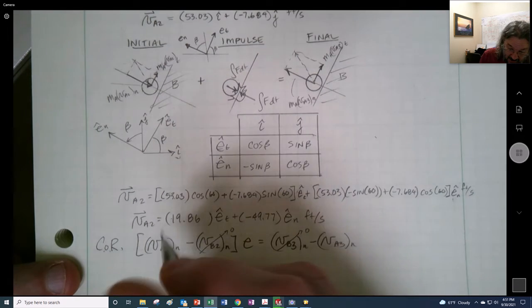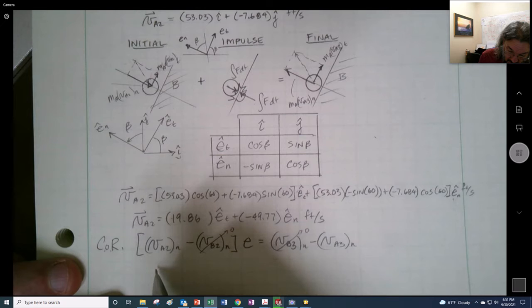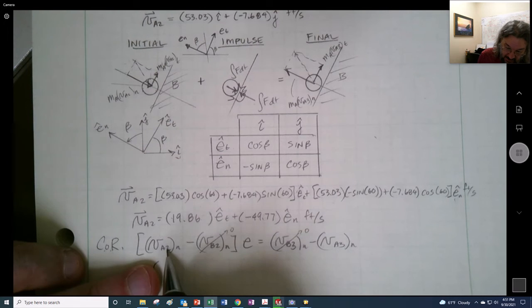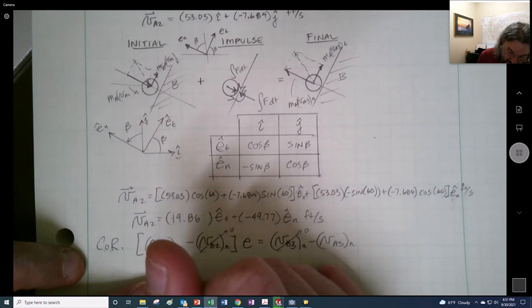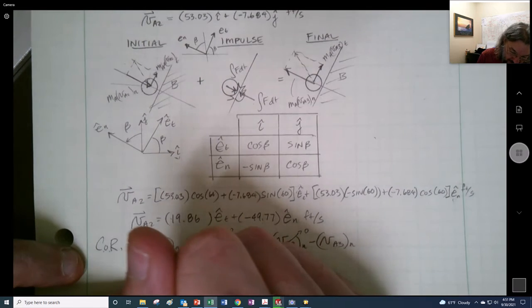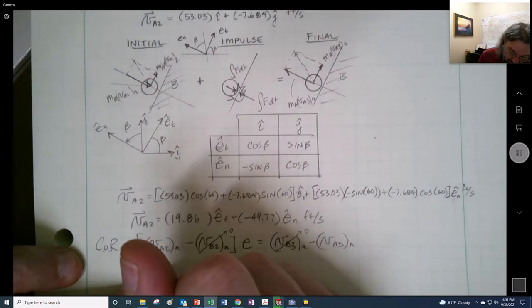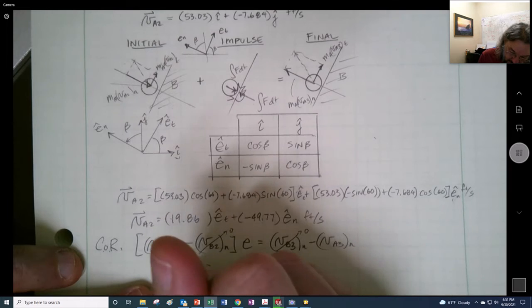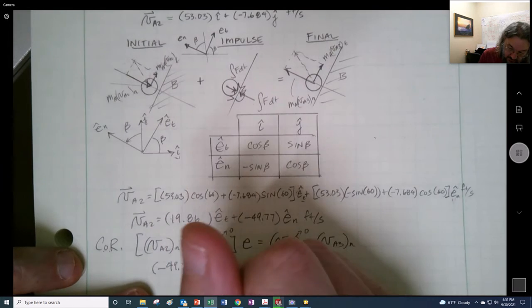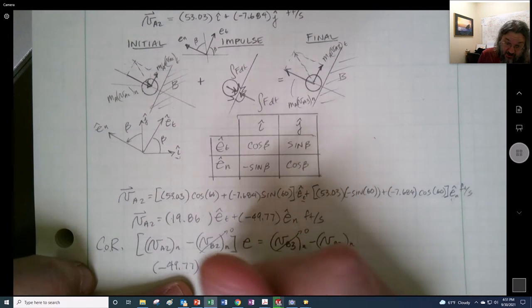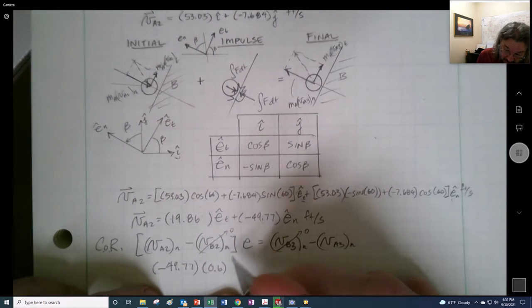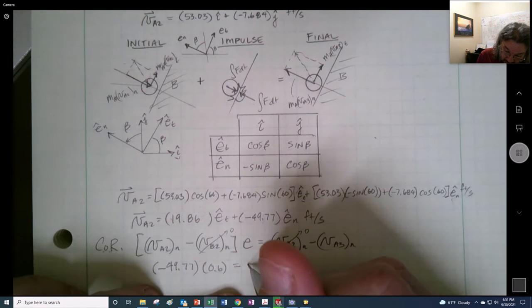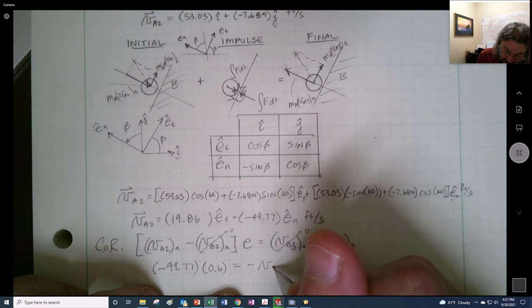So what you really have is the velocity here in the normal direction, negative 49.77, times E, which you know is 0.6, is going to be equal to negative velocity A3 in the normal direction.